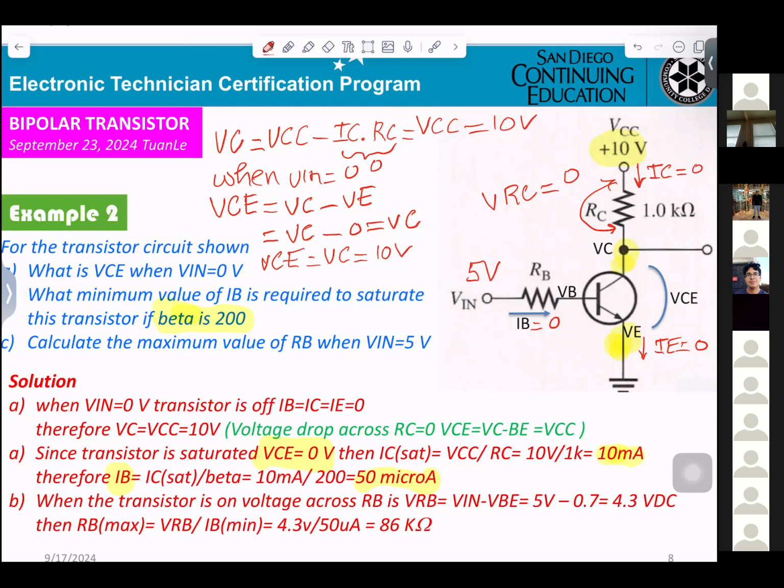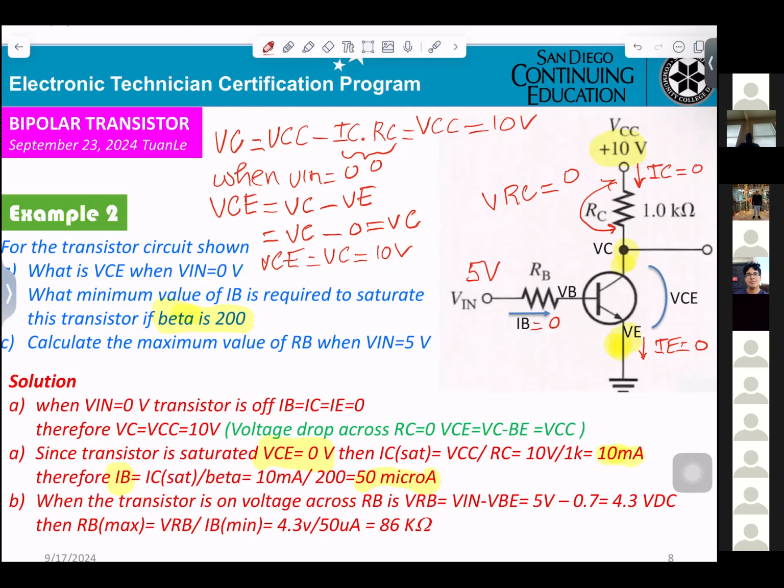Hey, Mr. Pham, I hate to bug you, but what was beta in that previous one? I mean, what was IB? It says what minimum value of IB. So you flip the formula around, correct?